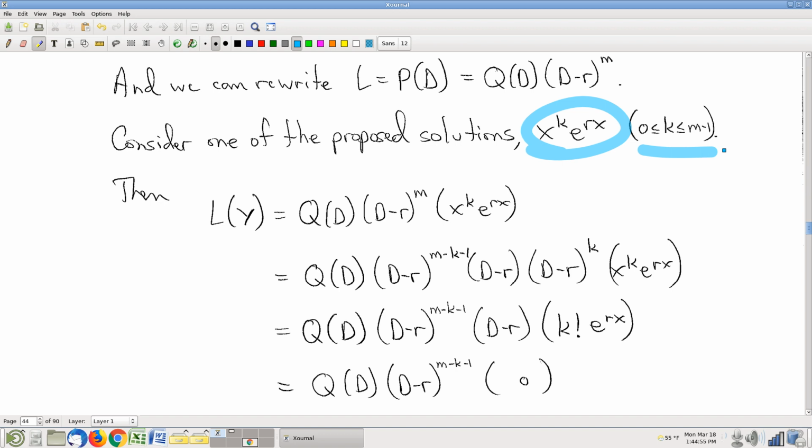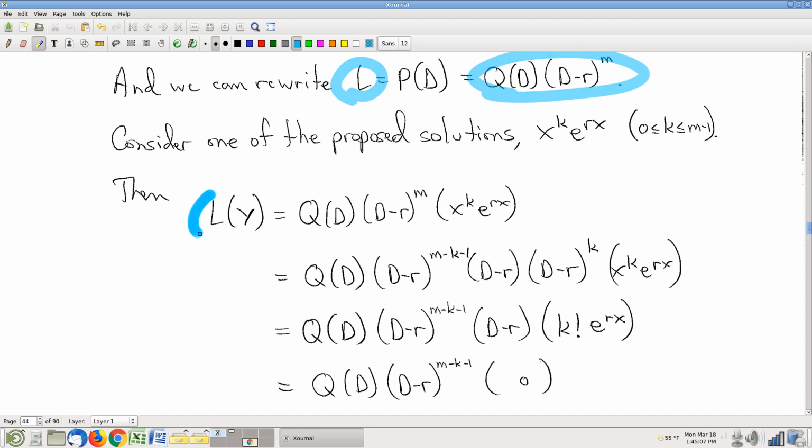So here's the easy proof, and I think we kind of rushed through this at the very end of last Friday's lecture, so let's go through this again now. Our L is now this factored polynomial in D. How do I know that these are solutions? Well, I'm just going to compute L of y. Act L on y. Here's L, there's my proposed y.